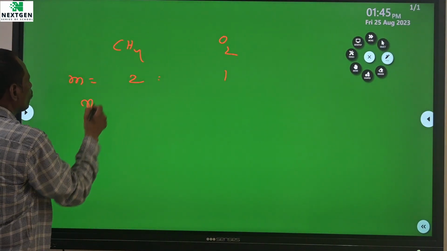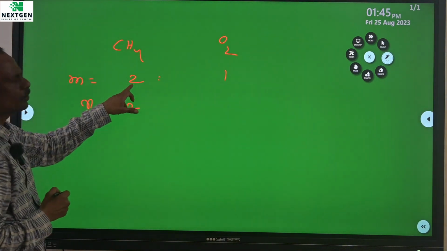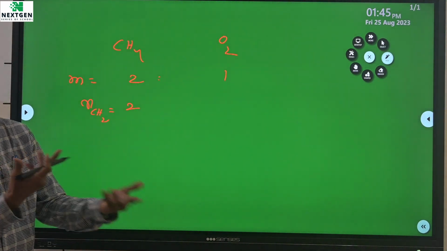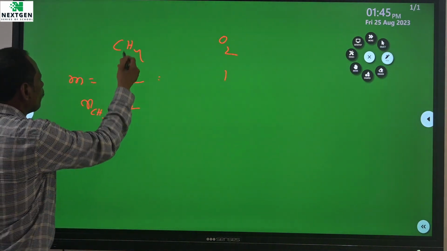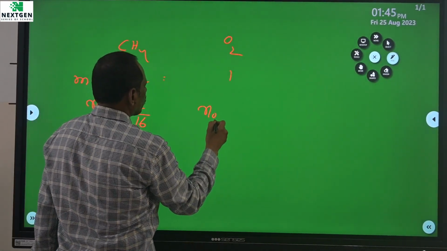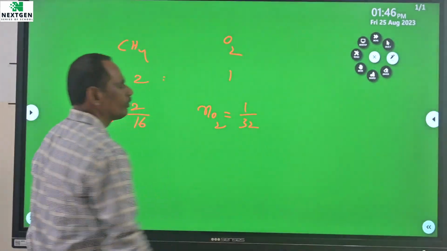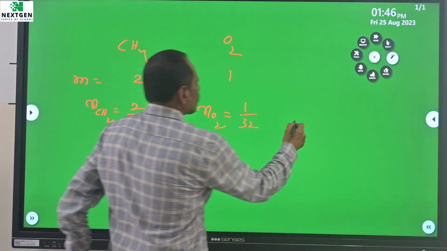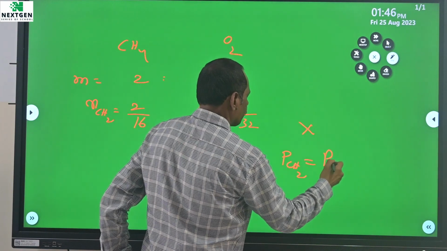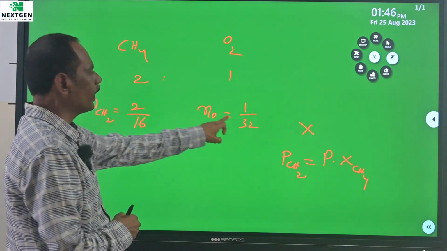First, take the number of moles of methane. The mass ratio is 2, and instead of mass you may take the mass ratio because it is a relative comparison. Therefore, the number of moles of methane is equal to 2/16 and the number of moles of oxygen, with mass ratio 1, is 1/32. Therefore, the partial pressure of methane is equal to total pressure into mole fraction of methane. Mole fraction of methane means mole number of methane by total mole number.